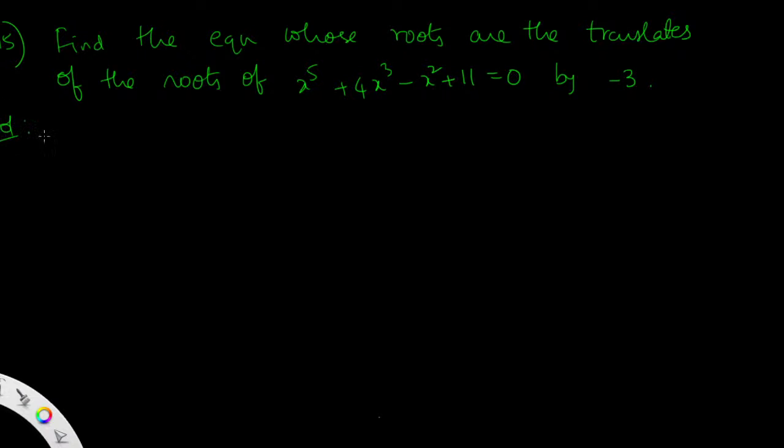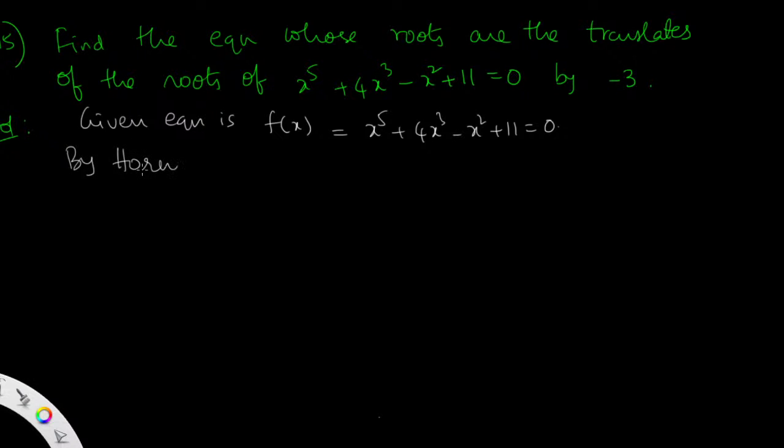Solution. Let the given equation be f of x. Given equation is f of x equal to x to the power of 5 plus 4x cube minus x square plus 11 equal to 0. By Horner's process, the equation is f of x plus 3 equal to 0.